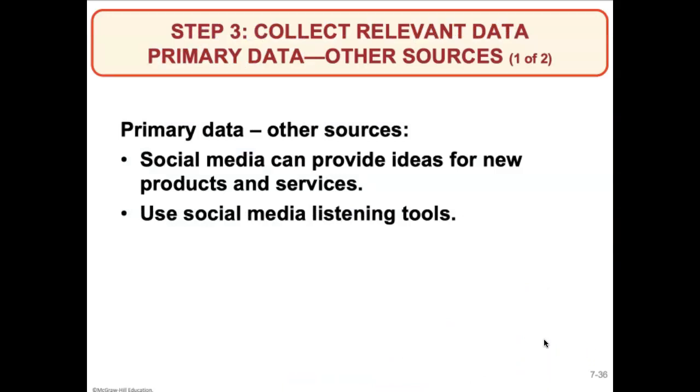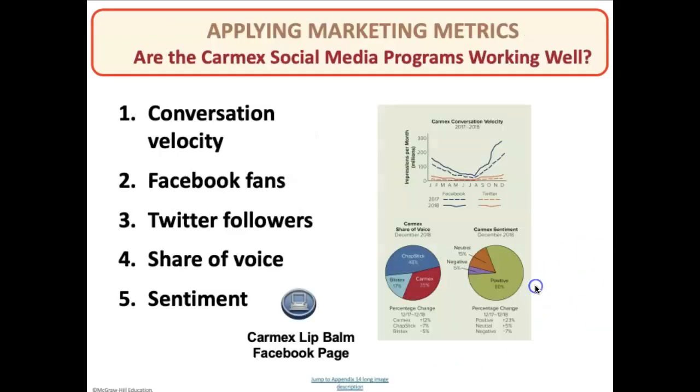So other sources for primary data include social media. How have people been commenting on a particular platform? Some data can be readily accessible if it's public. Now, one of the assignments you had for this week is looking at a Carmex case.